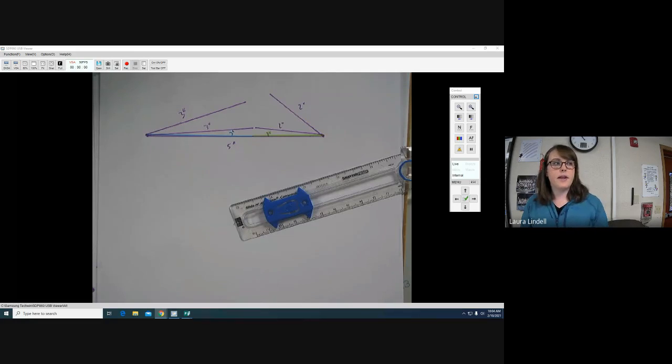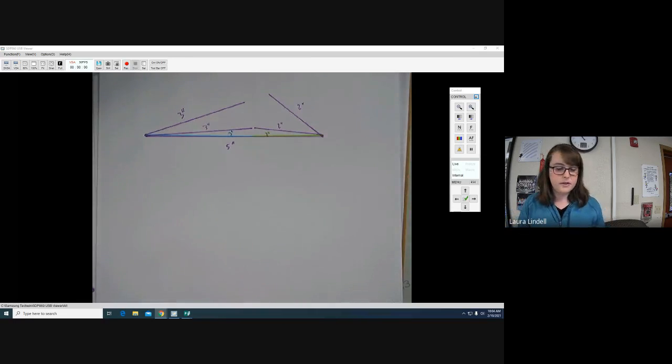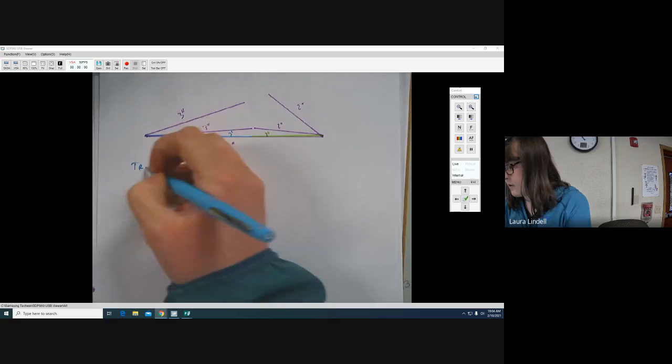So this is an illustration of something called the triangle inequality. So when the two smaller sides add up to equal the biggest side, or they add up to be less than the biggest side, we can't actually make a triangle. So, triangle inequality.